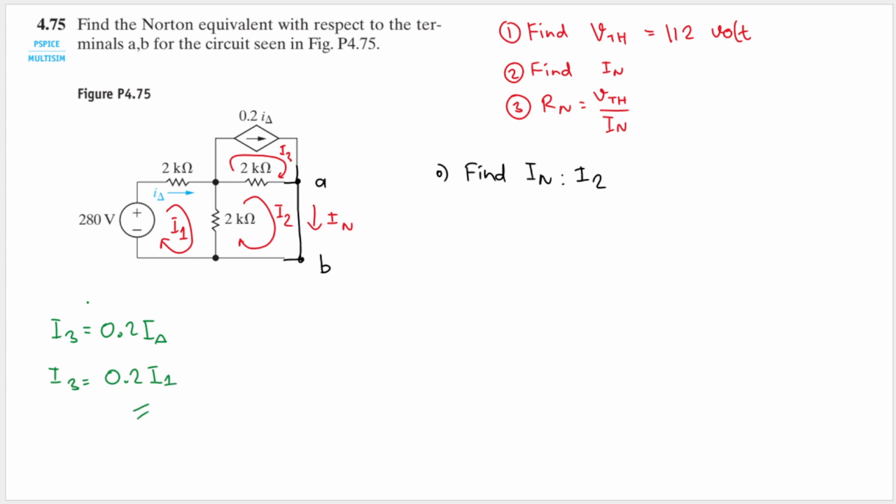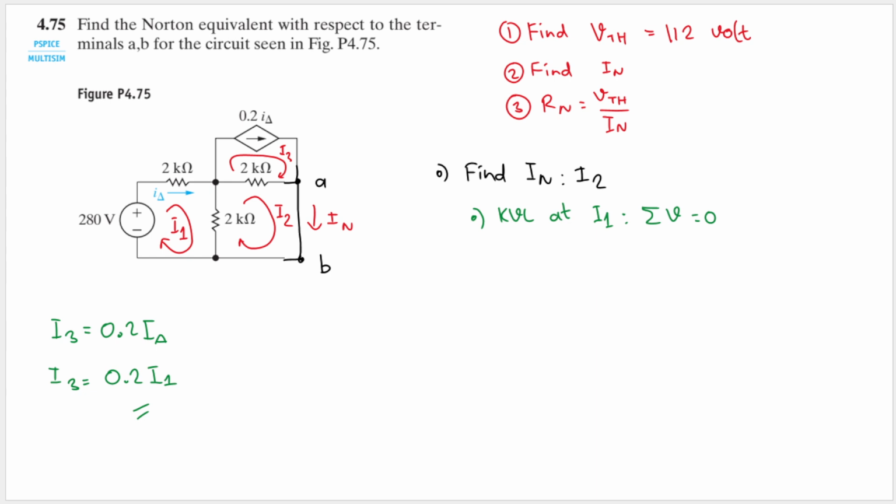Okay, so now let's do KVL at I1 and I2. So we'll have KVL at I1. KVL says that the sum of the voltages in a loop will equal 0. Let's start from this voltage source, and because the current is flowing from the negative terminal to the positive terminal, our sign will be negative, right?